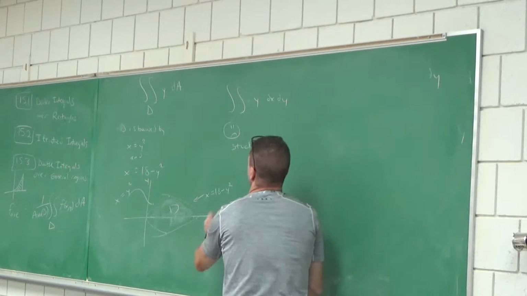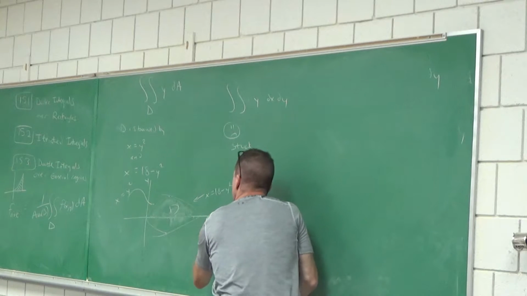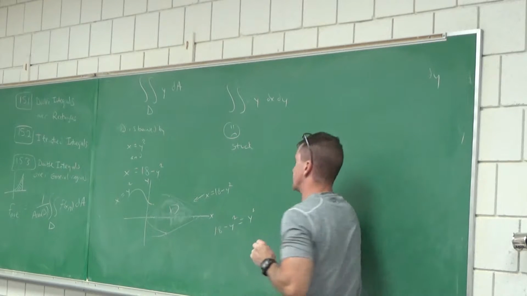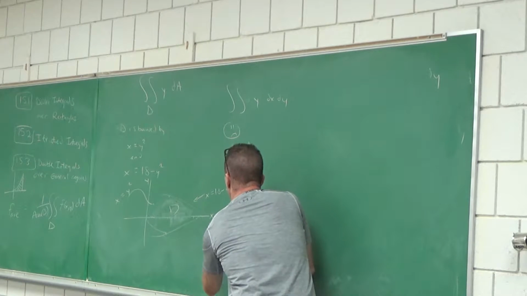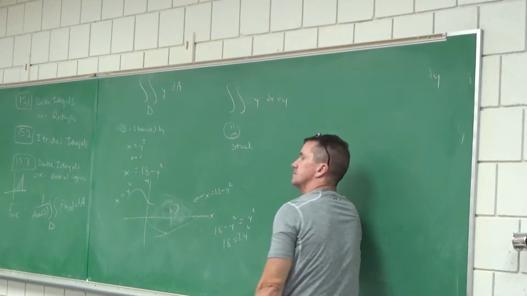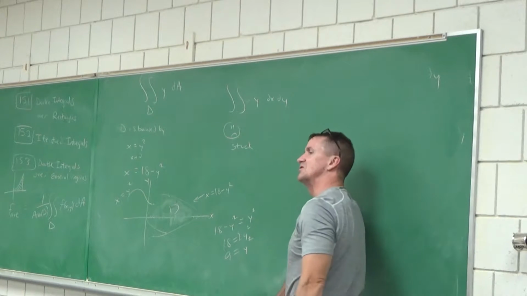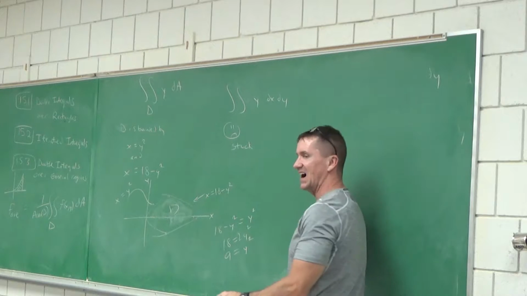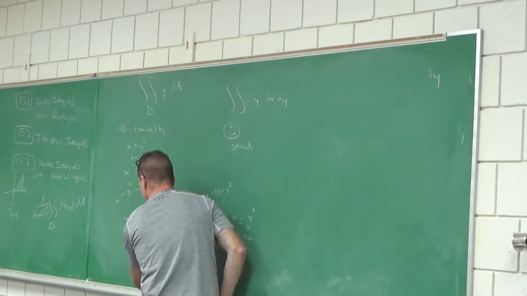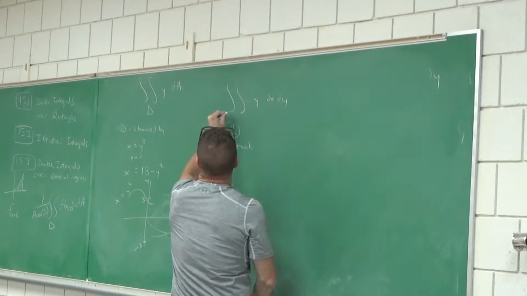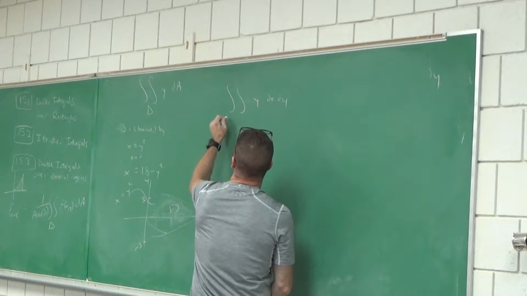I'm going to do some algebra and see what my limits are. What does 18 minus y squared equal y squared? 18 equals 2y squared. 9 equals y squared. What two values? Plus minus 3. You got it. Now, if you want to make your picture a little better, that's a -3. That's a +3. And not stuck anymore.